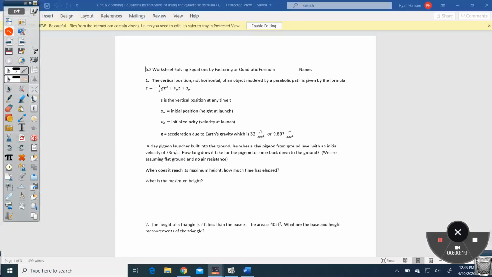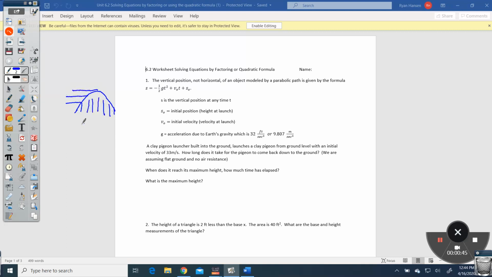Okay, so this first problem says the vertical position, not horizontal, of an object modeled by a parabolic path is given by this formula. So we have a parabola that looks like this, right? And we could find the vertical position, meaning how high this is for any given time.